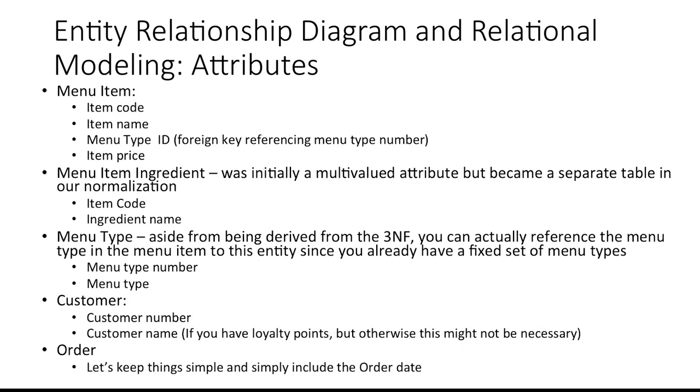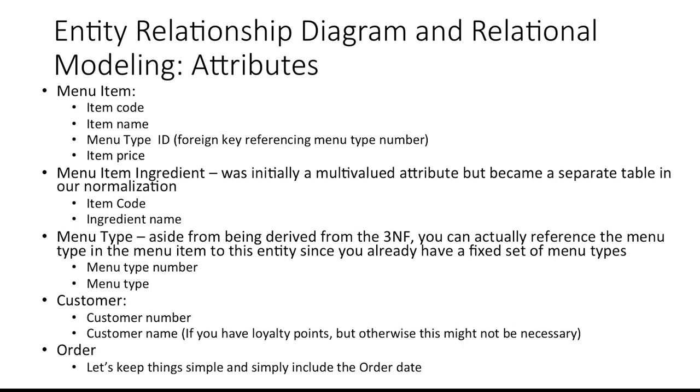So the attributes are menu type number and menu type. As for the customer, the attributes are customer number and customer name. And if you have loyalty points, but otherwise, the customer name might not be necessary.